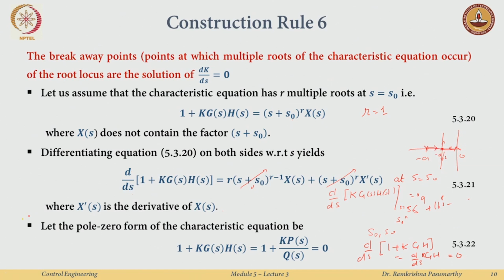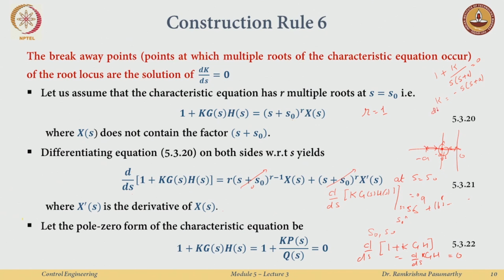Okay. So let's again compute for this example and check why this is minus a by 2. So what was the characteristic equation? That was 1 plus k over s plus a equals 0, or k was minus s plus a.